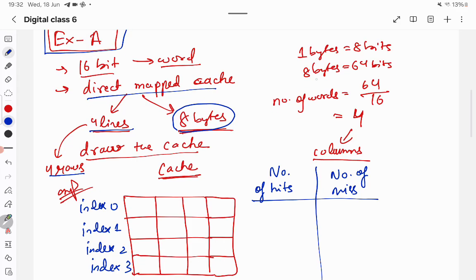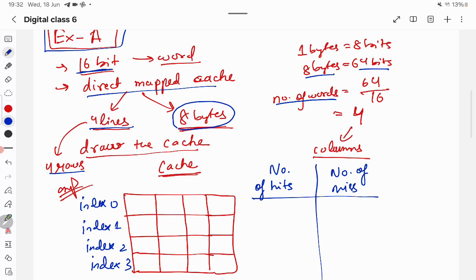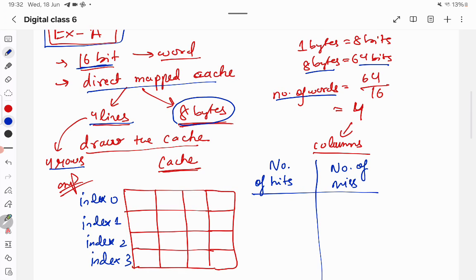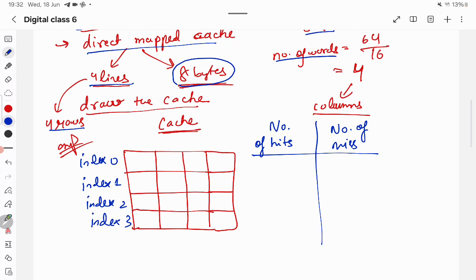So you will convert 8 bytes to bits, which is 64 bits. You will find the number of words as the total number of bits divided by how many bits each word consists of. Each word is 16 bit, you divide by 16 and you have 4 words. So 4 words means you will make 4 columns.